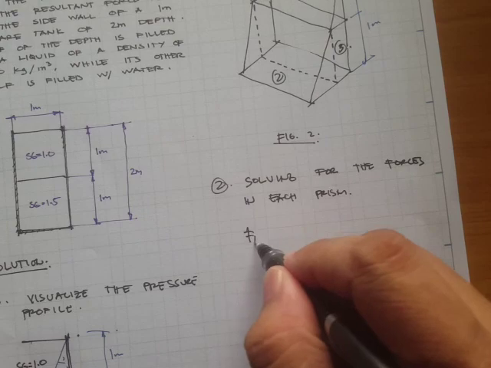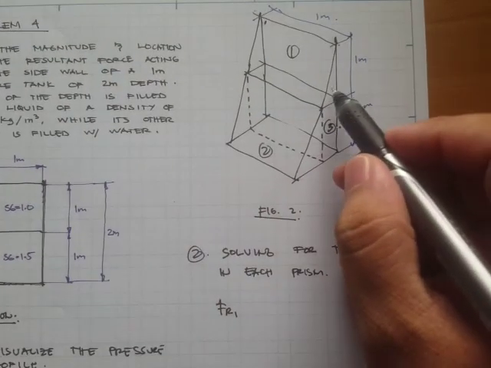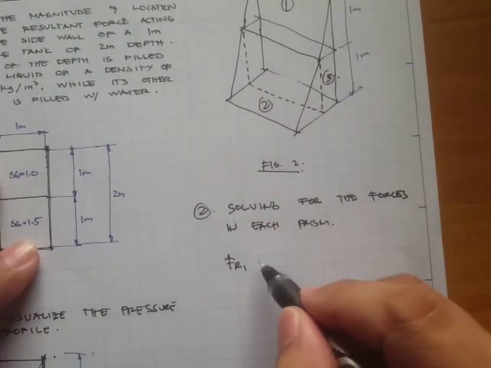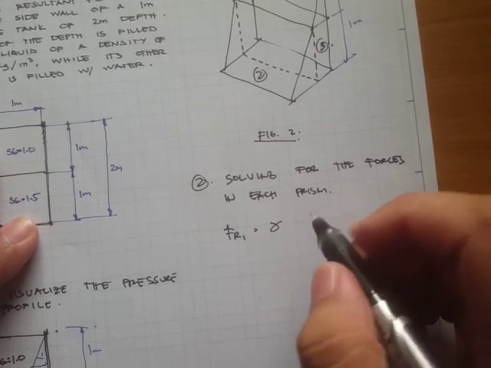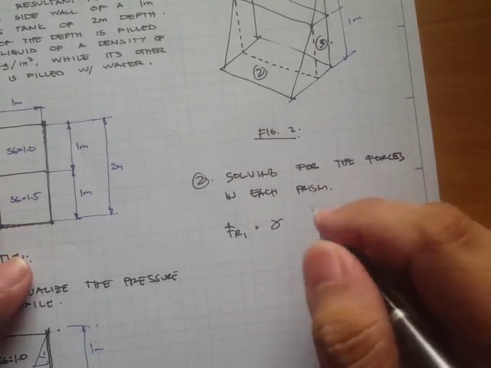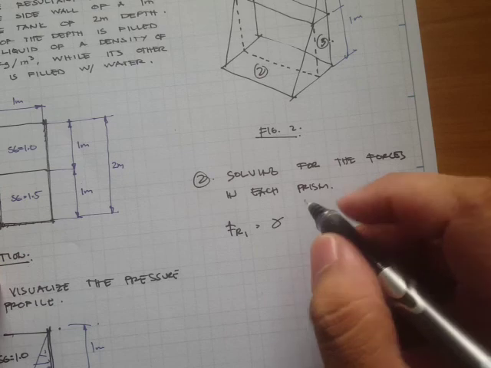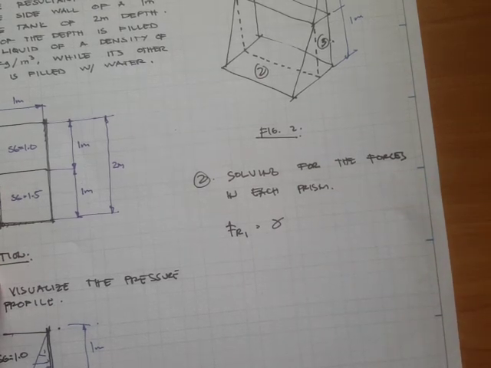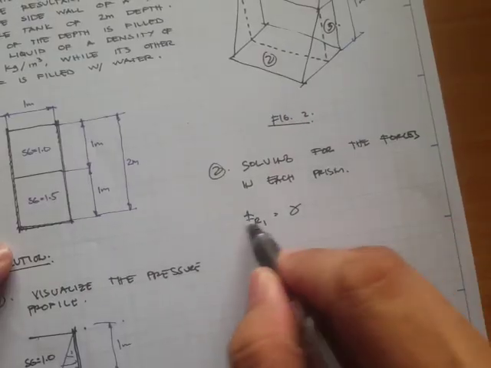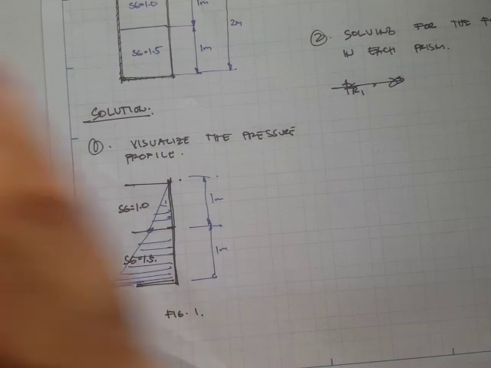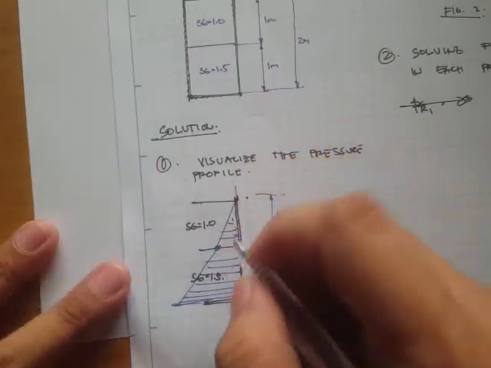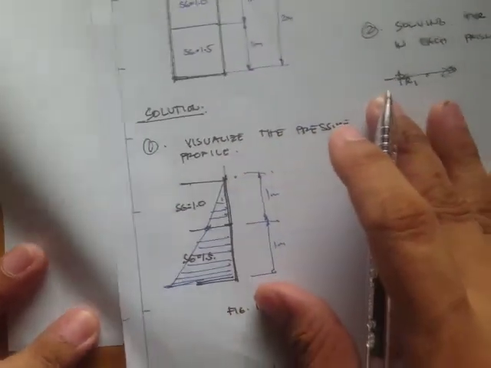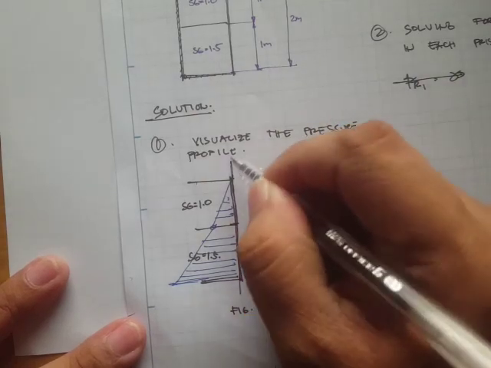Okay, so FR1 is triangular, so that's simply the unit weight, or I guess it's more careful if we use the pressure axis. This is our pressure line, and we are referring to the x-axis.